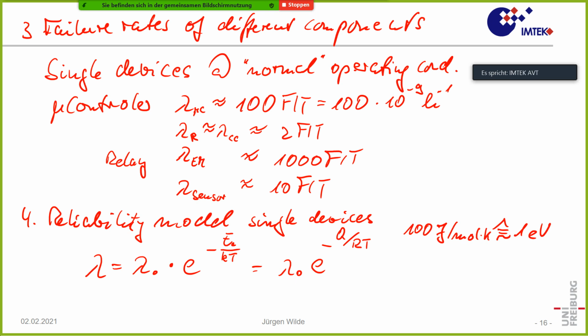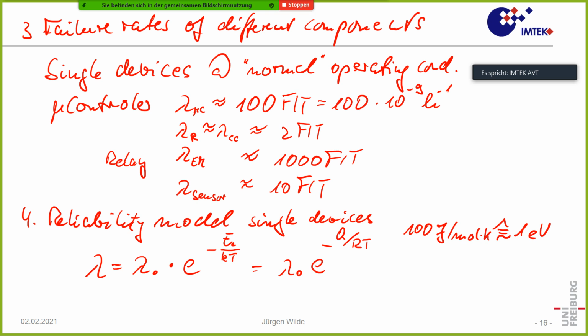And if you have an activation energy of 0.5 electron volts, then of course the rate will roughly double when you increase by 20 degree, and so on. Or if it's 2 electron volt, it will roughly double every 5 degrees.